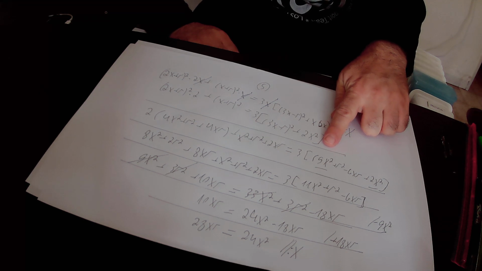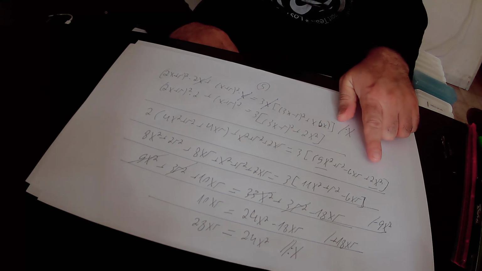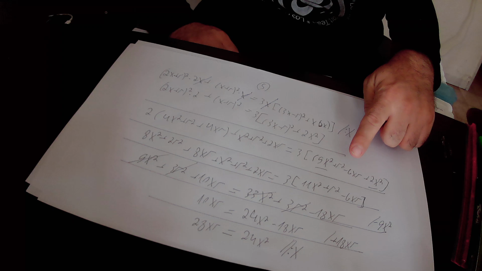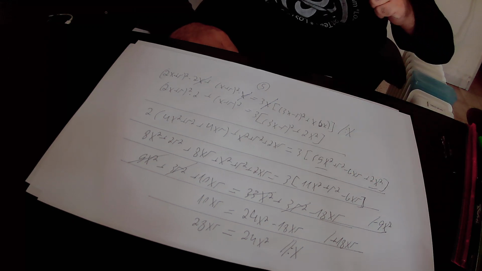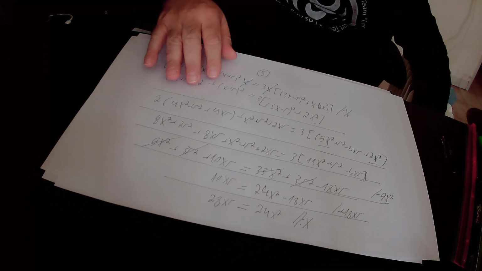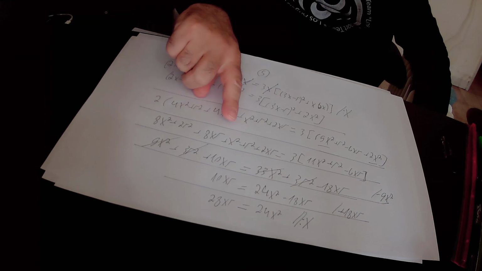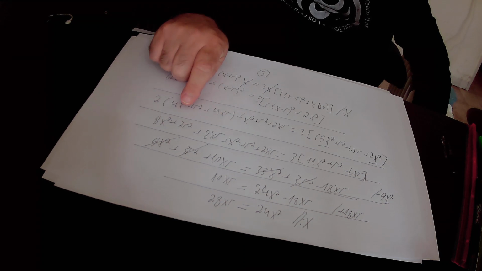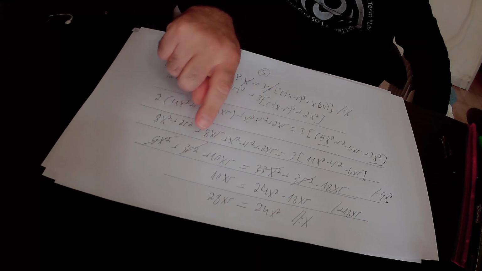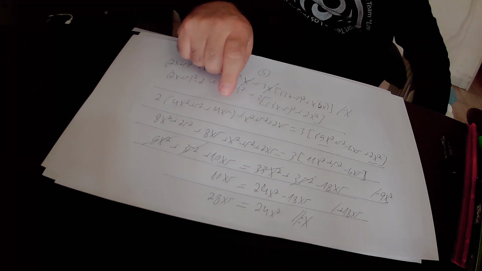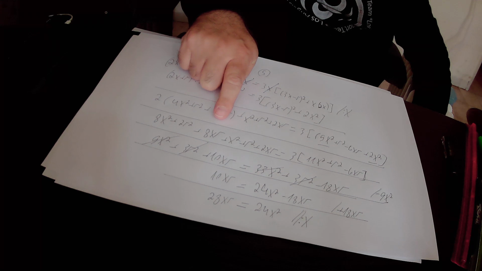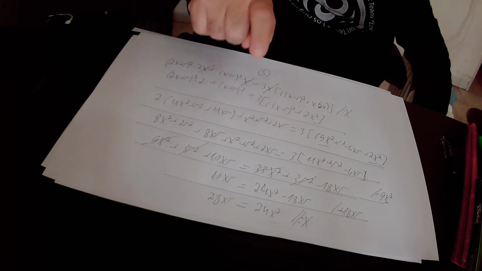Inside the brackets we have 9x squared plus 2x squared is 11x squared, plus r squared minus 6xr. Here we have 8x squared plus x squared is 9x squared, 2r squared plus r squared is 3r squared, and 8xr plus 2xr is 10xr.